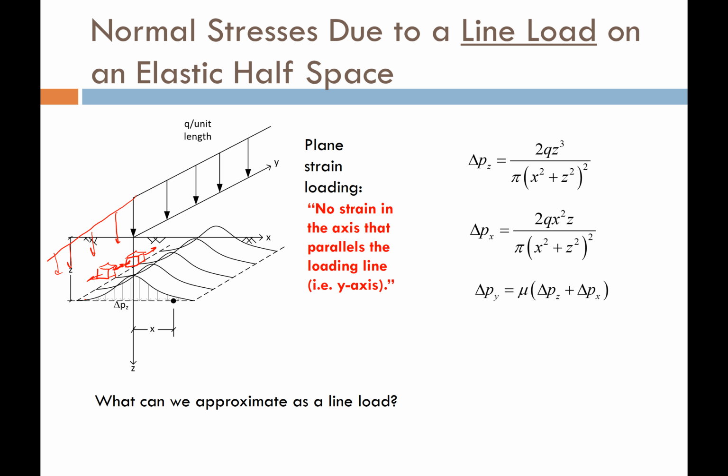And they cancel each other out. So that means that no strain can occur in that line of loading. But strain can occur in the x-axis and in the z-axis.